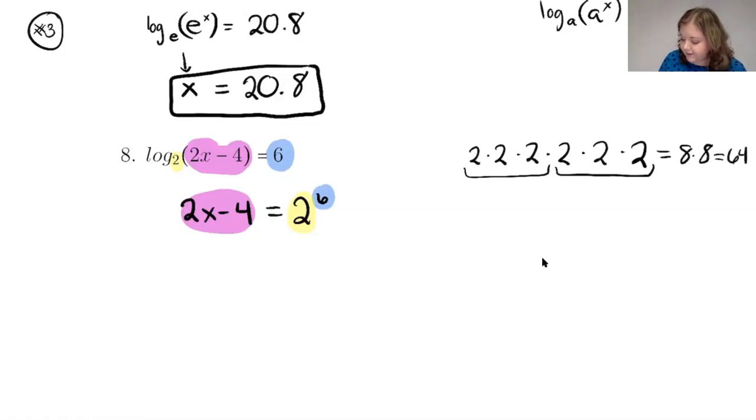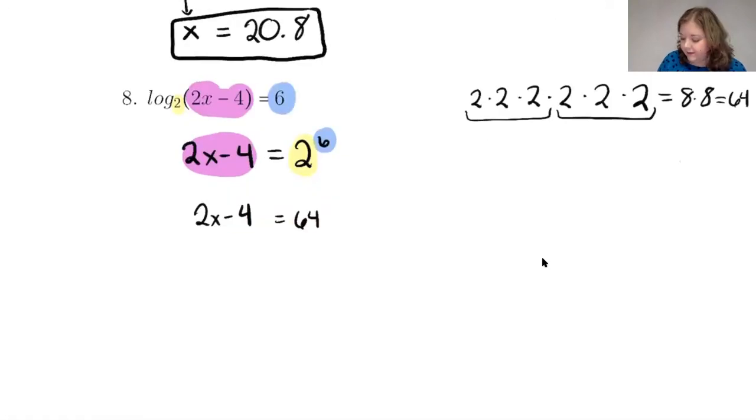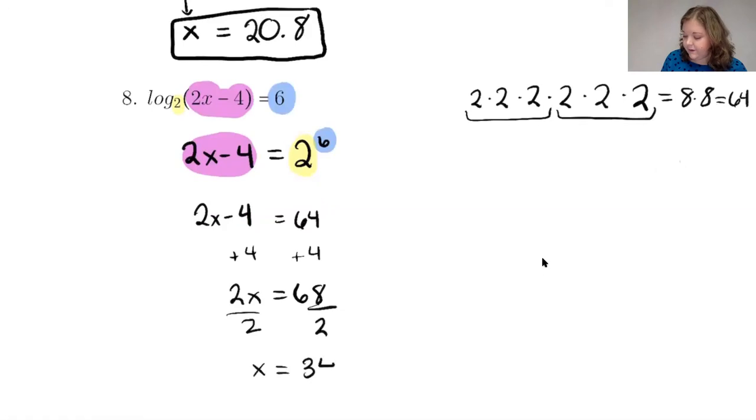And so 2 to the 6th power is 64 on this side. We have 2x minus 4 on the other side. And we can solve that easily by just adding 4, being 2x equals 68, and then dividing by 2. We get x equals 34.